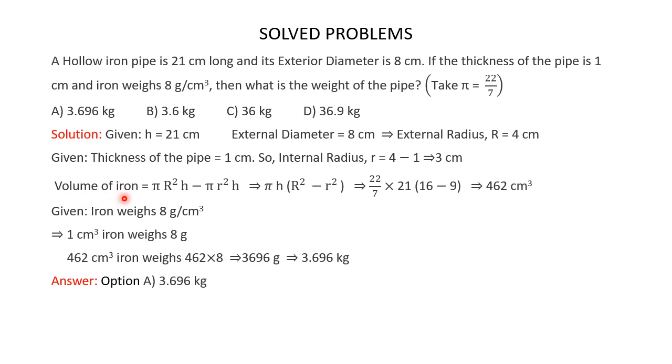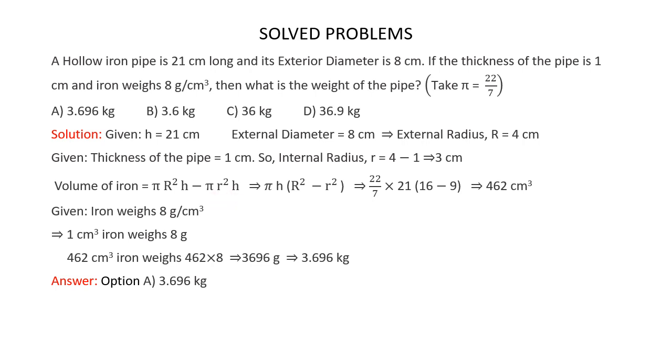is equal to the volume of the exterior cylinder minus the volume of the interior cylinder. Now we know that volume of the exterior cylinder is pi R squared h and volume of the interior cylinder is pi r squared h.